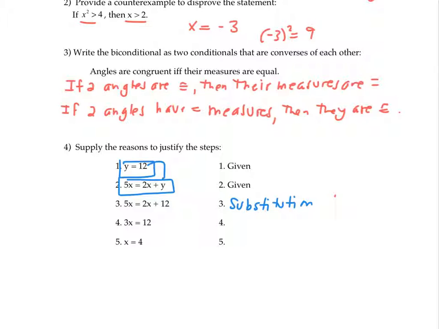Well, what they did was they subtracted 2x from both sides, so it's the subtraction property of equality. Remember, don't abbreviate substitution and subtraction. And then finally, they went from 3x equals 12 to x equals 4 by using the division property of equality. You can just write division, and that's it.